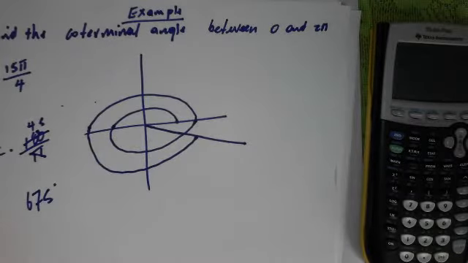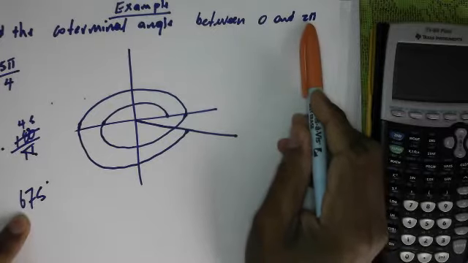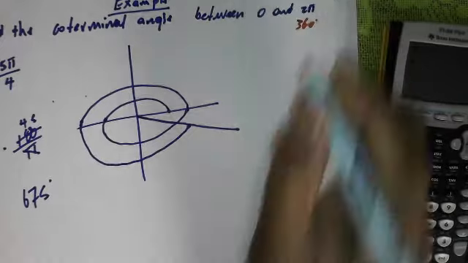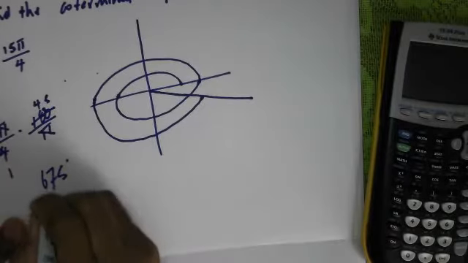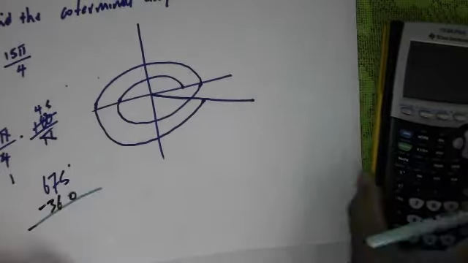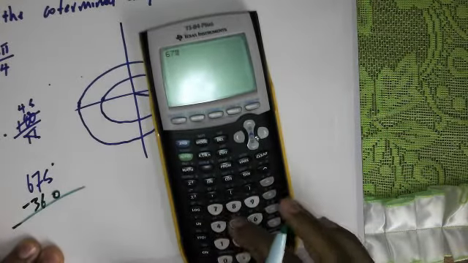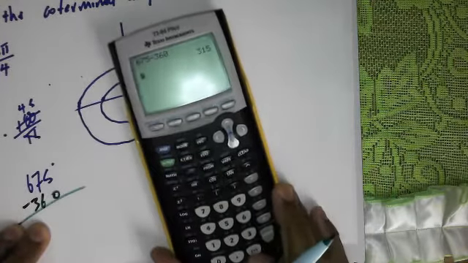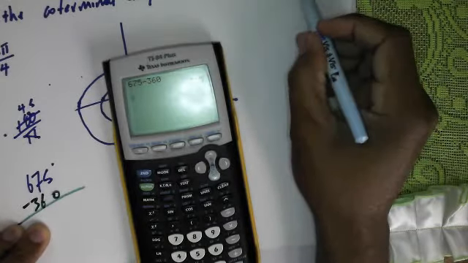Now, again, this is more than 360. Remember, 2 pi is the same as 360, okay? I can put a 360 here. So what I need to do, I need to subtract 360 from this. So I have 675 minus 360, and that would give me 315. Okay? Is 315 within this domain?